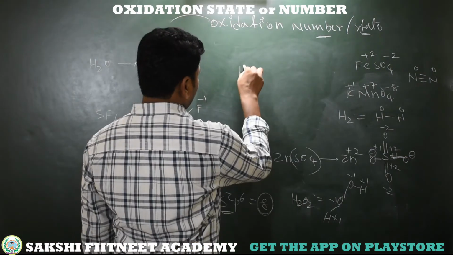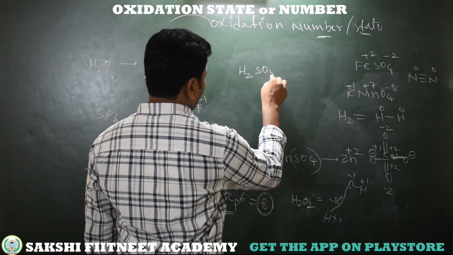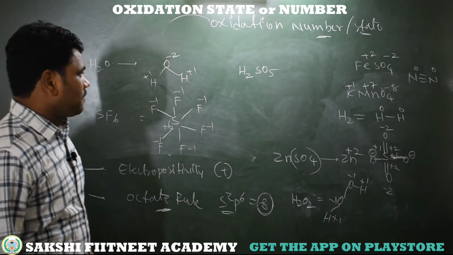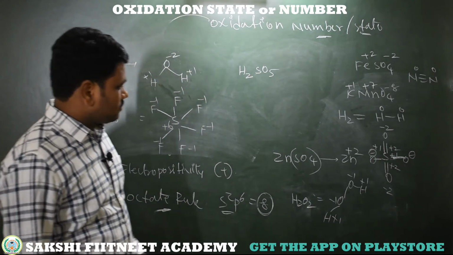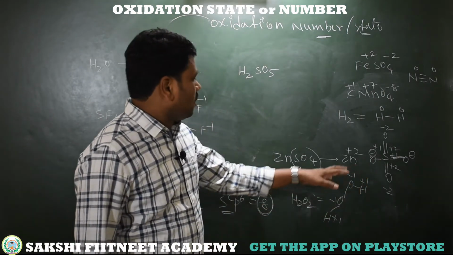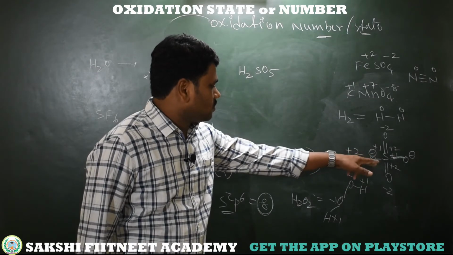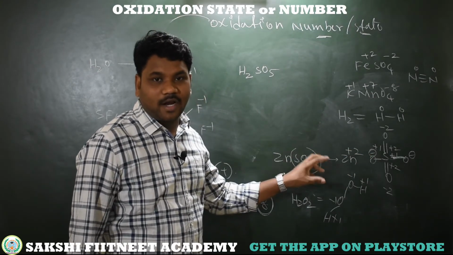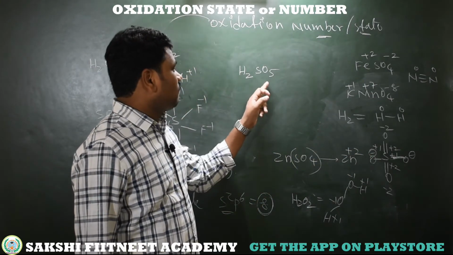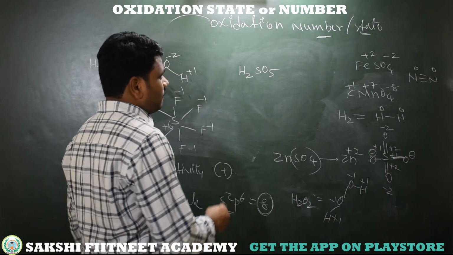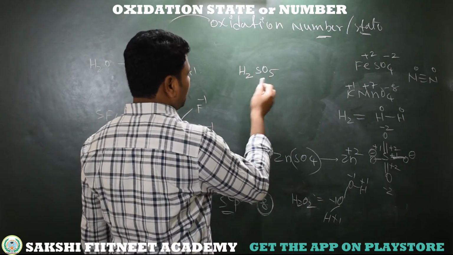Like H2SO5. See here, just now we discussed about SO4. SO4 gives -2, so there should be +2 fragment. Here SO5 is there, so directly can we give oxidation state for sulfur here?